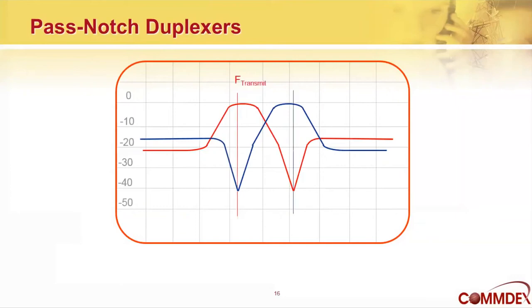This drawing is a pass notch duplexer, where we have both bandpass and notch together in series. So you'll see both the red and the blue line have a pass component and a notch component. And this will enhance the operation of the duplexer by providing a greater separation between transmit and receive frequencies. So this is much better than the previous one where all we had was bandpass.